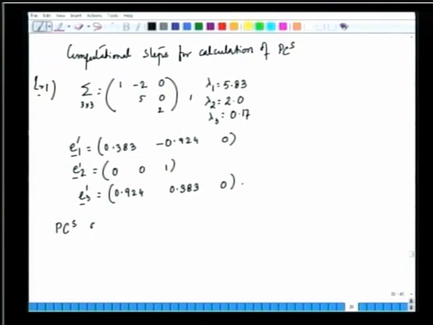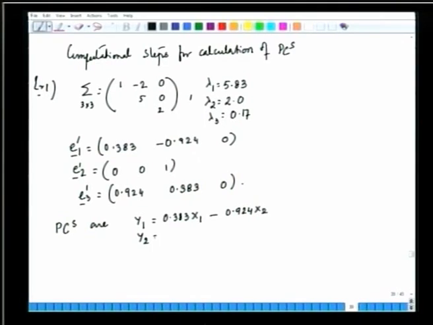The first one is Y1, which is E1 transpose X. So I know the coefficients with each of the X variables for the first principal component: 0.383 X1 minus 0.924 X2. That's all, because the third coefficient is 0.